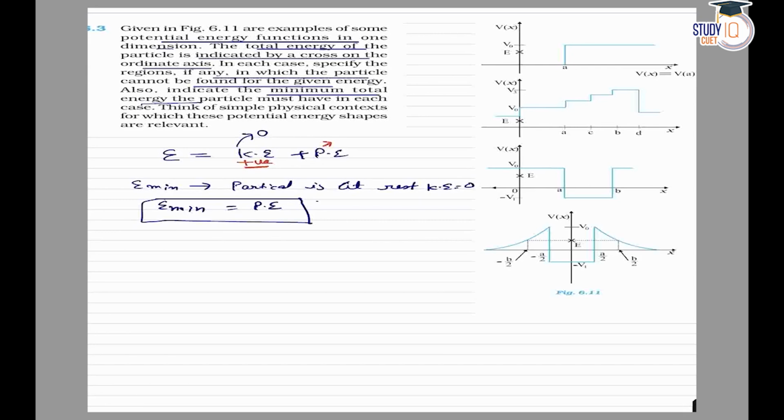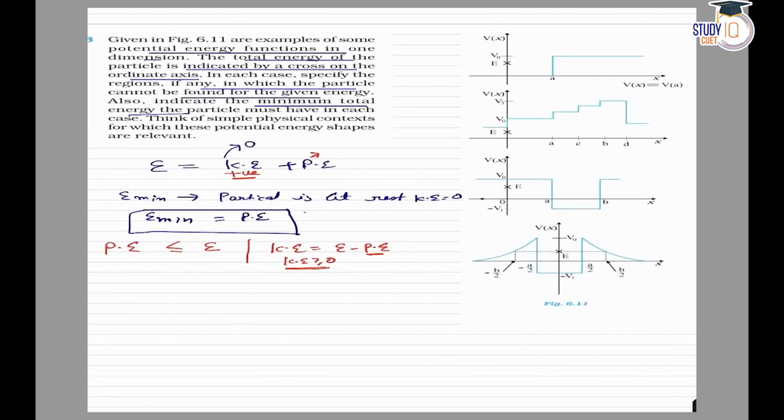So for the graph to be valid, potential energy should be less than or equal to total energy, as kinetic energy can be written as total energy minus potential energy. And we all know that kinetic energy is greater than or equal to 0, and for this condition to happen, potential energy should be less than total energy.